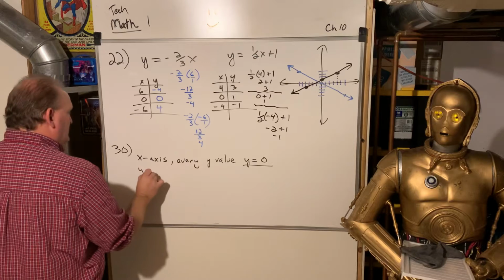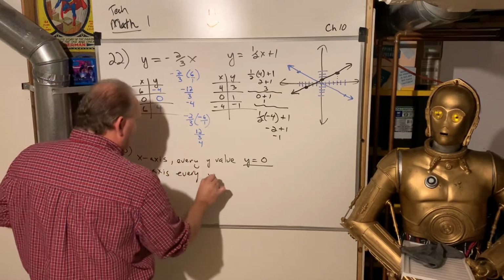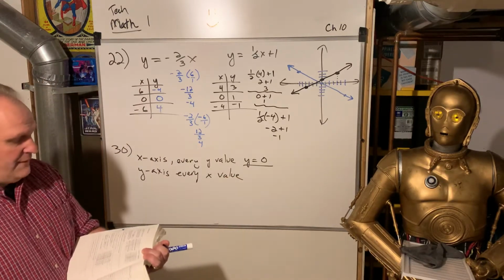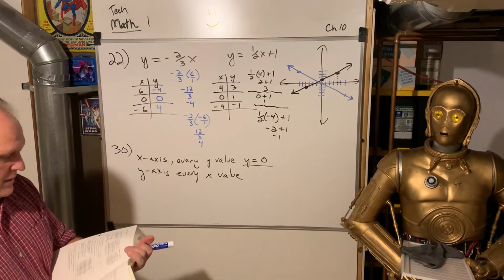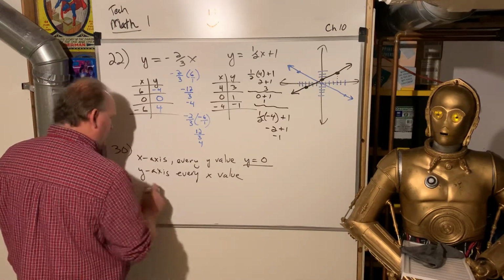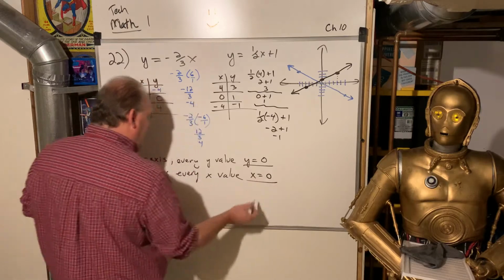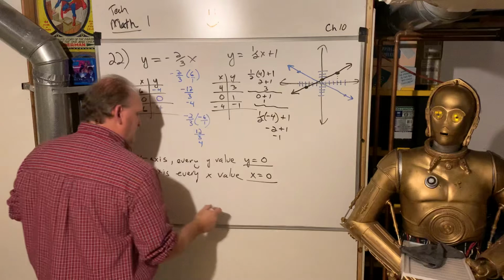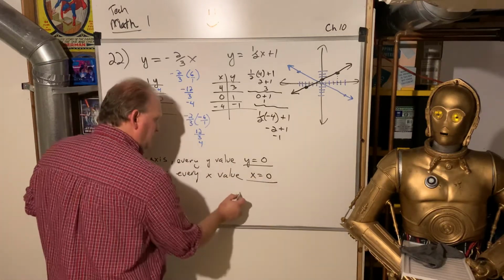Then you know the next question. If it's on the y-axis, every x value, right? That's got to be the next question. Therefore, the equation of the x-axis, oh no, that isn't the next question, doggone it. Well, let's do this one. This isn't in your book, but that would be x equals 0. But then they ask, if I wanted just a line on the x-axis, the equation would be y equals 0.